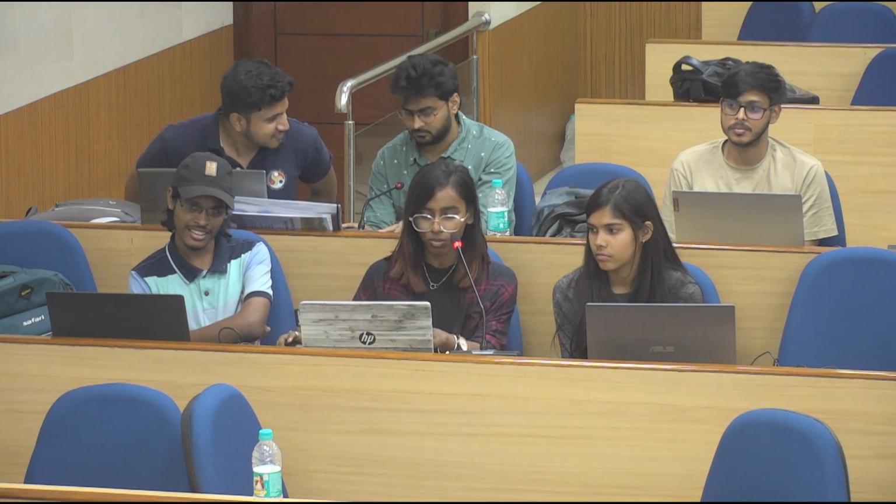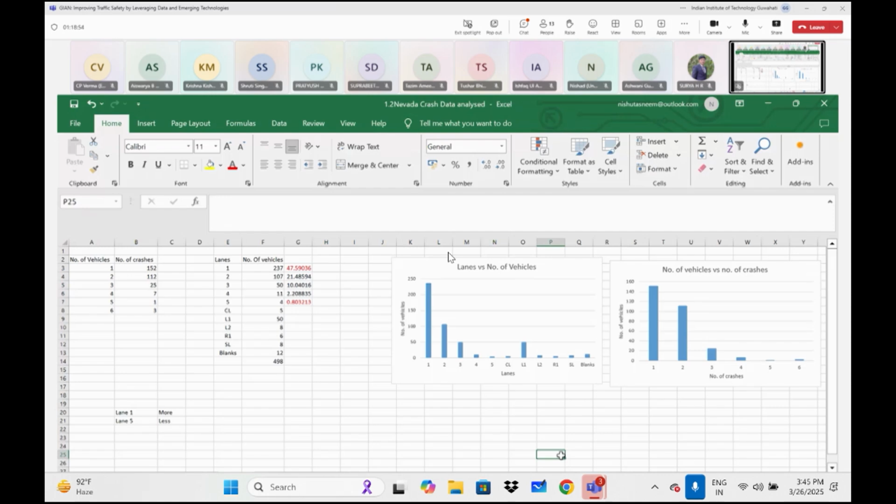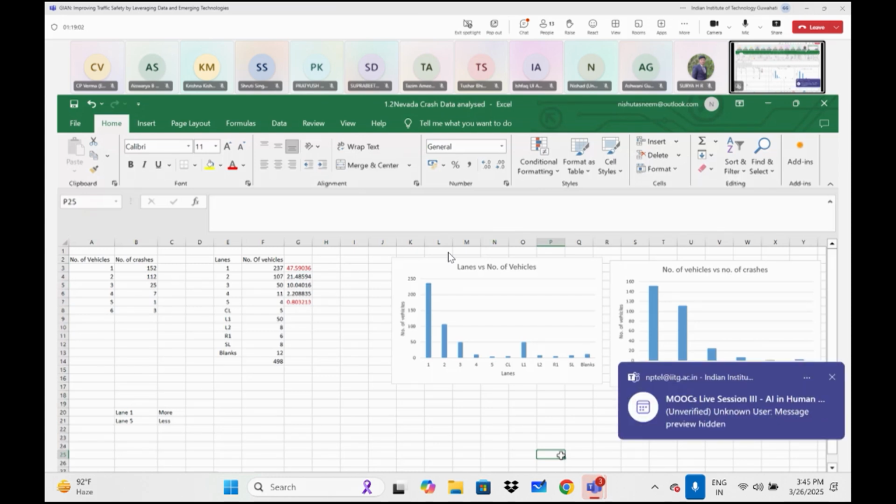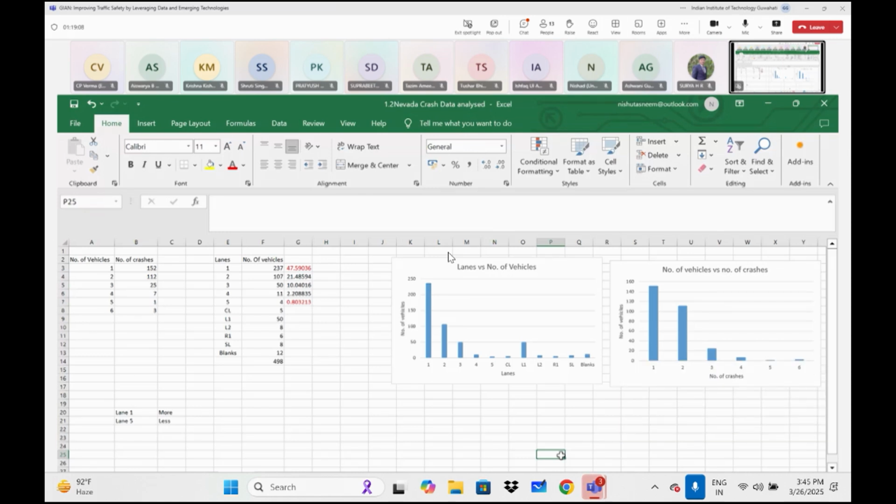We also did lane distribution, to see which lane included more vehicles. Lane 1 included the most vehicles, 47.5%, and lane 5 included the fewest, 0.8%. We also analyzed in the form of charts.